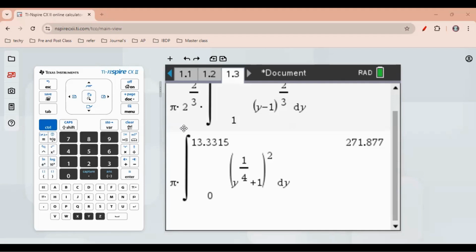Normal subtraction, and then you round off to 3 significant figures. So 272 minus 197 will be approximately 75 centimeter cubed. Right? And this completes the solution for this problem.